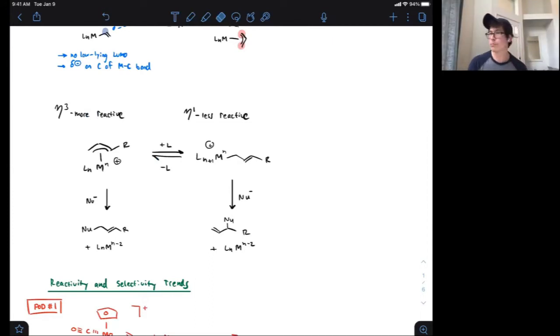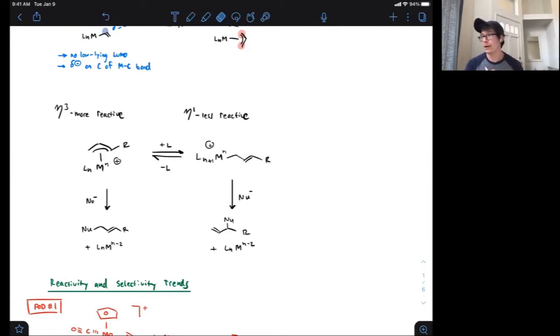Okay, so we've seen this before, that metal-allyl species are capable of these so-called haptotropic shifts between the eta-3 form and the eta-1 form. And typically, in terms of their ability to serve as an electrophile, the eta-3 form is more reactive.